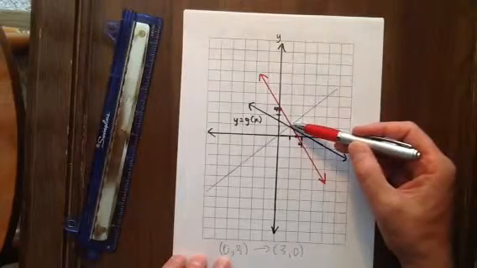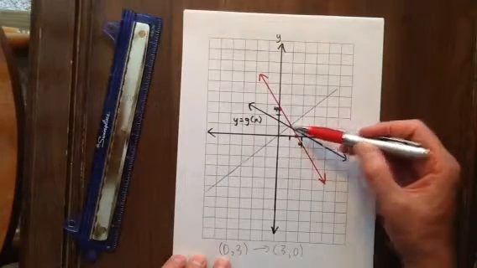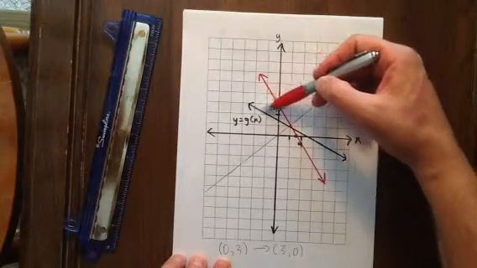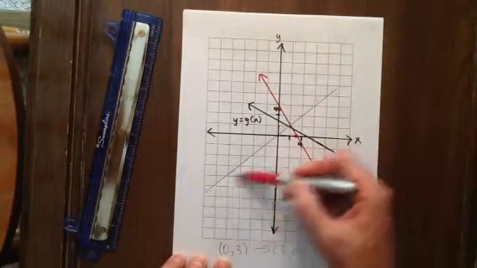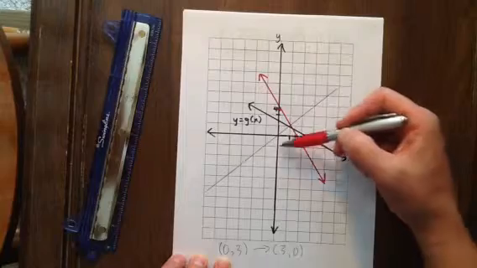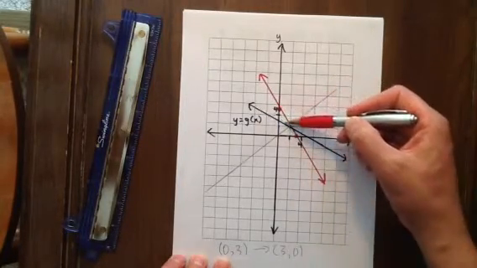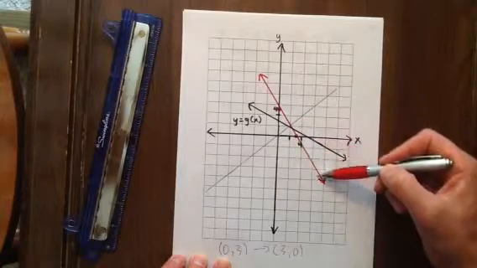My graphing leaves a little bit to be desired. I kind of missed it there. But if we were to reflect this black line in this mirror, we would get this red line. So the reflection of this black line would be this red line.